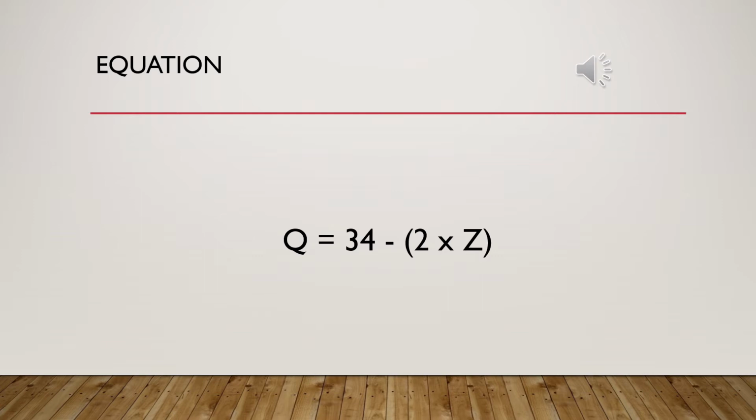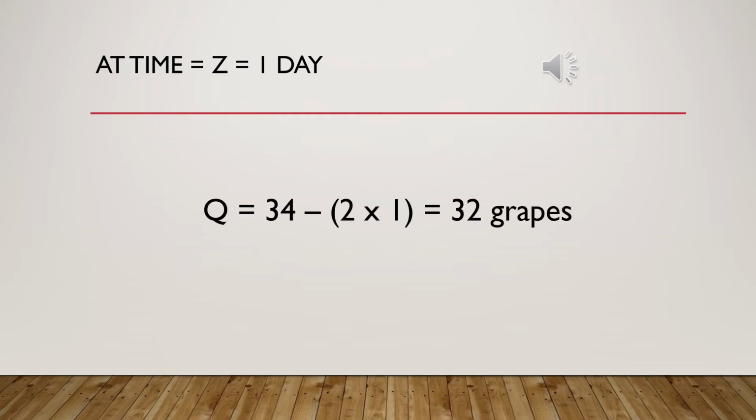In other words, 34 is the starting number of grapes and Z is the time, and by replacing Z by the number of days, we can calculate the number of grapes remaining, that is Q. So let us see what happened at day 1.